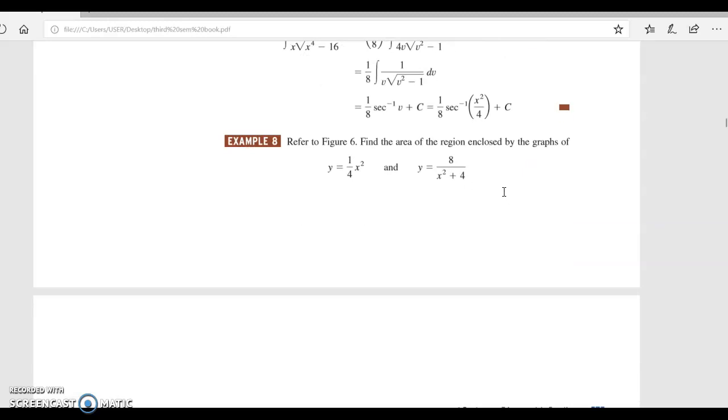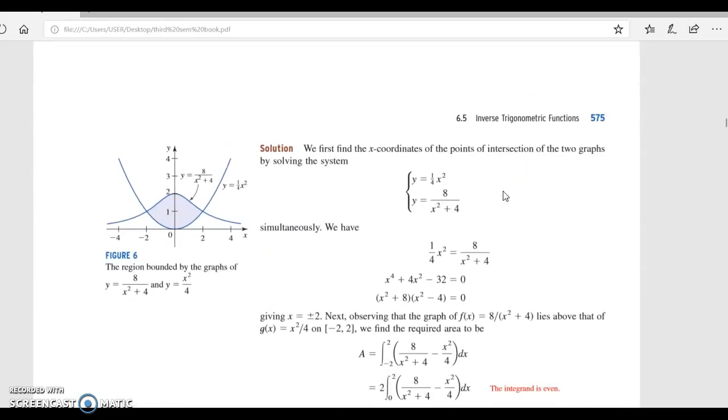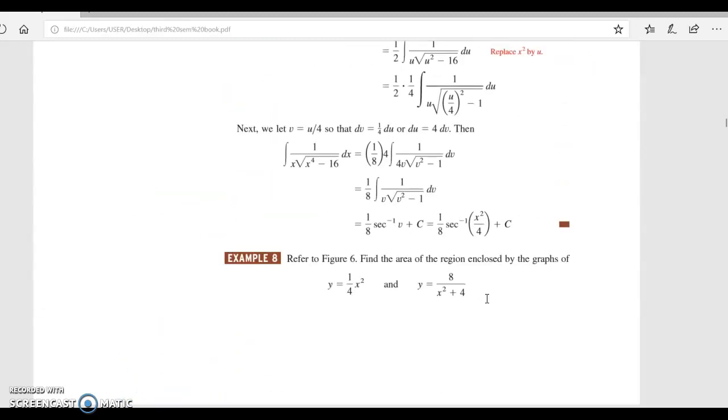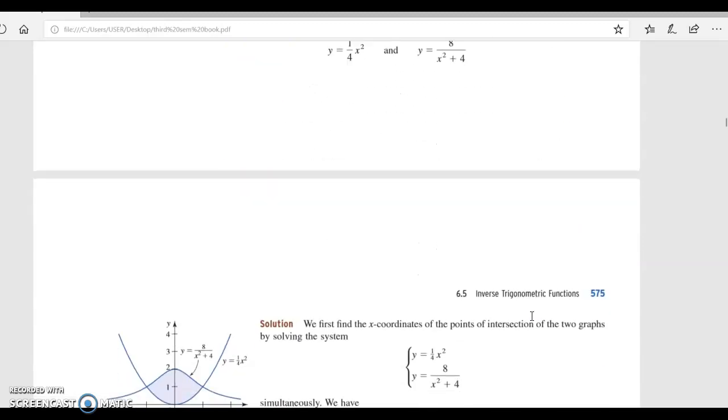So next is find the area of the region. Next, a little bit different from these questions. Find the area of the region enclosed by the graphs y equal to x square by 4 and y equal to 8 by x square plus 4.